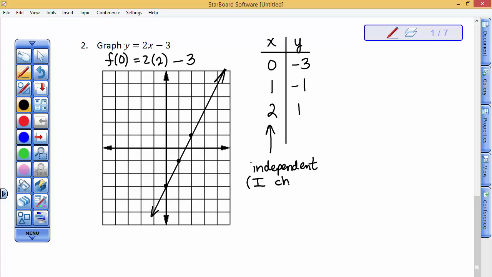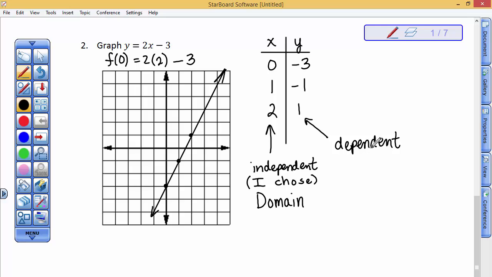So in a function, I might ask you, what values am I allowed to put into the function and have it work and give us an output for the dependent variable. Remember, y always depends on whatever you put in for x. So dependent, I have to wait on that to determine what it is based on what I put here. We call the output for those the range of the function.